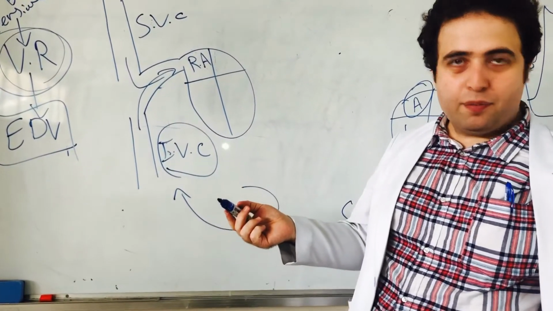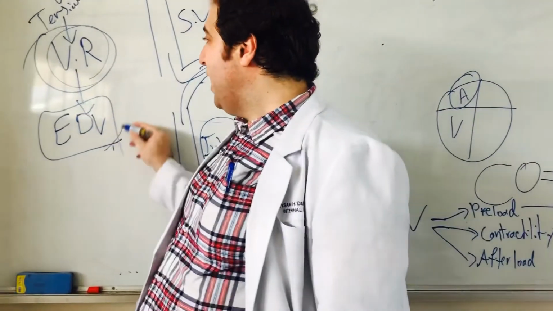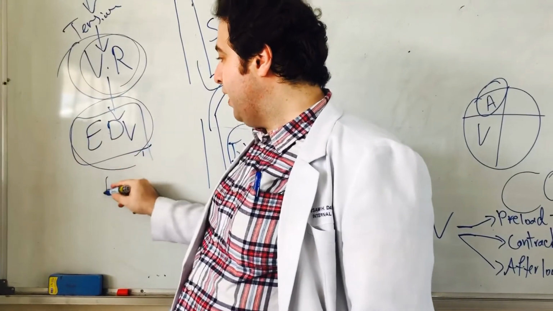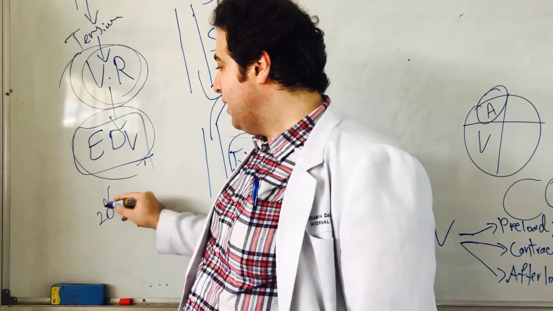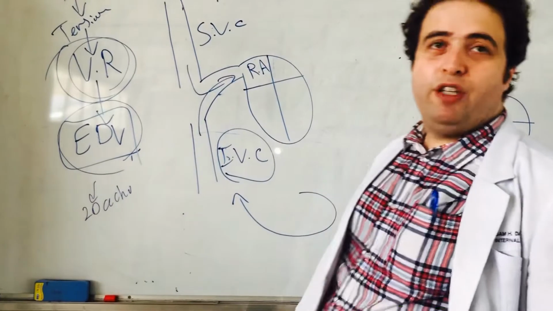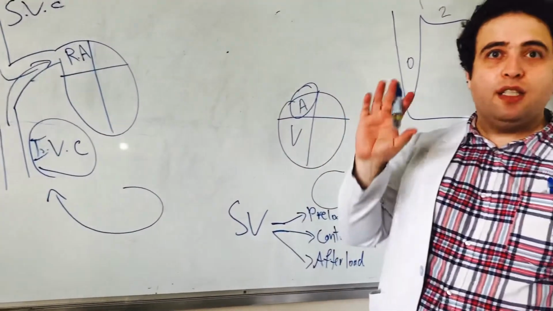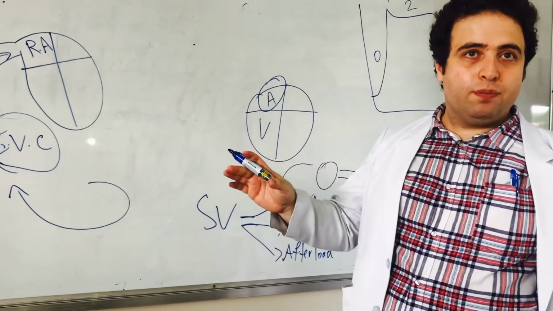How will I know clinically to determine the end diastolic volume? We will send the patient for an echocardiogram, and we can see the patient's end diastolic volume.